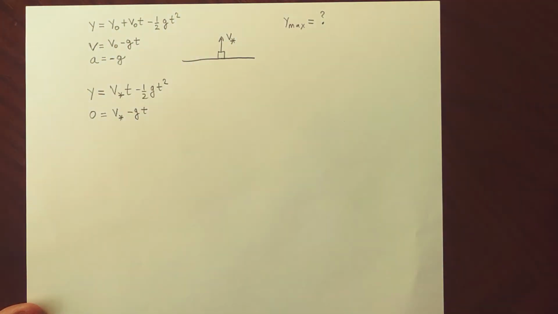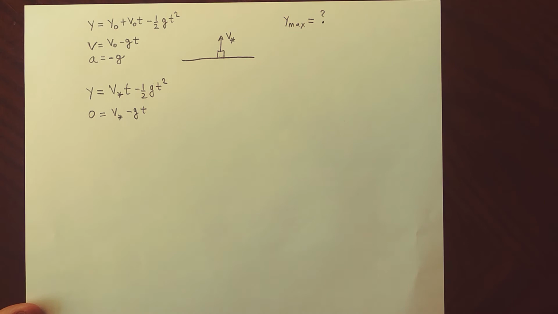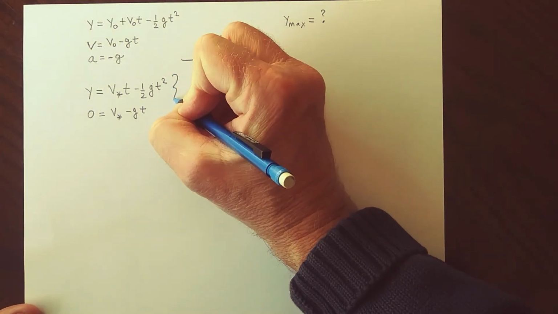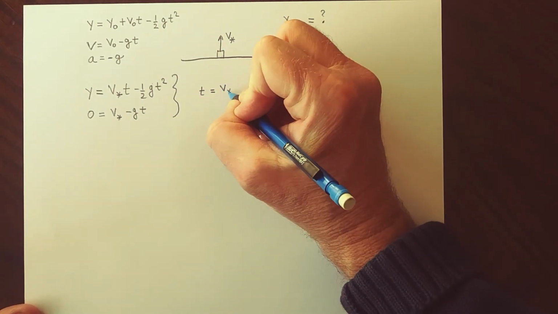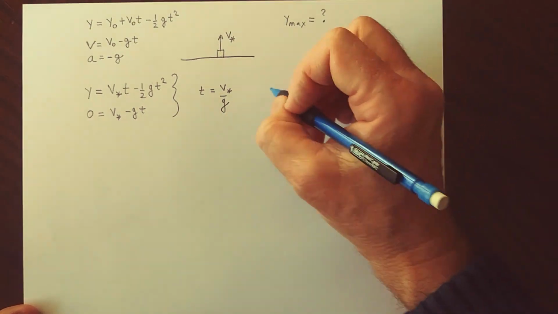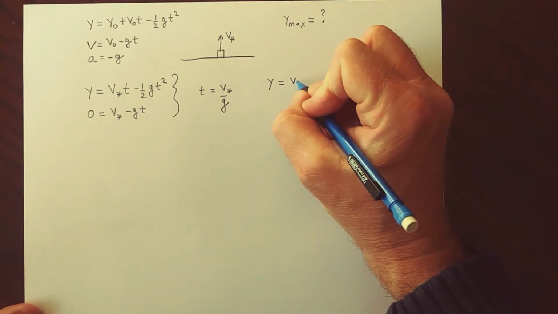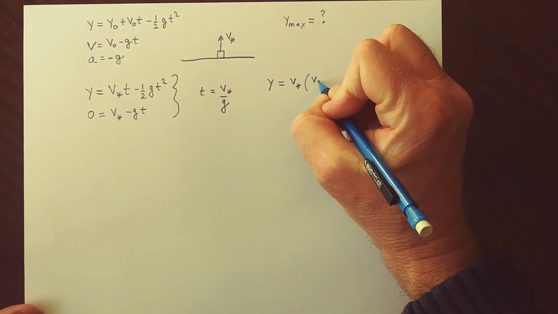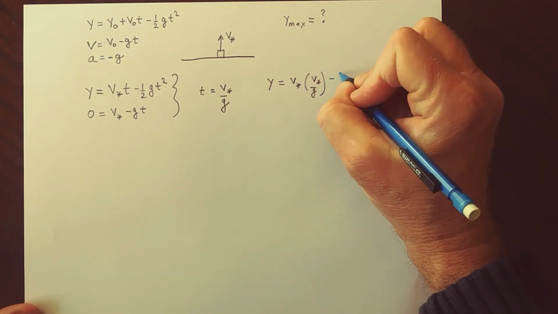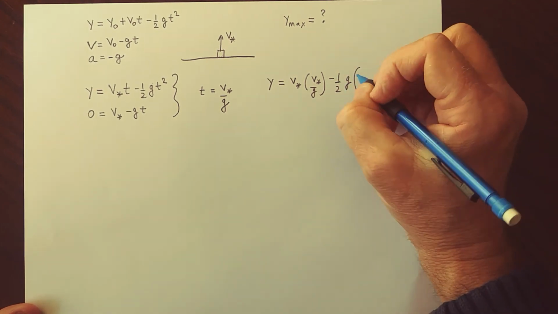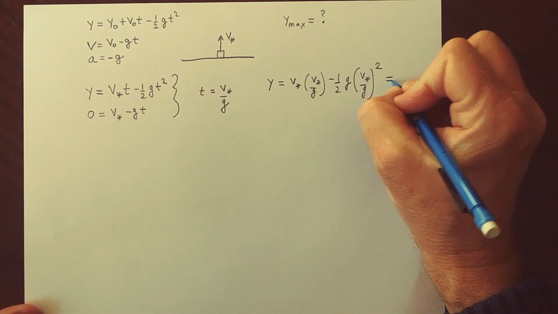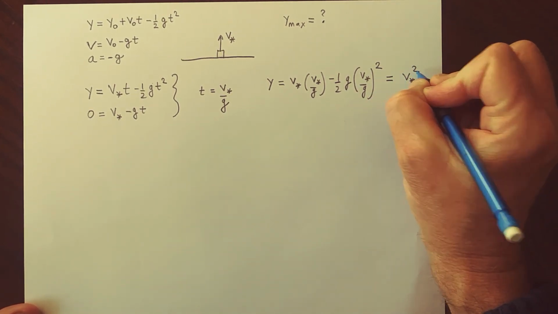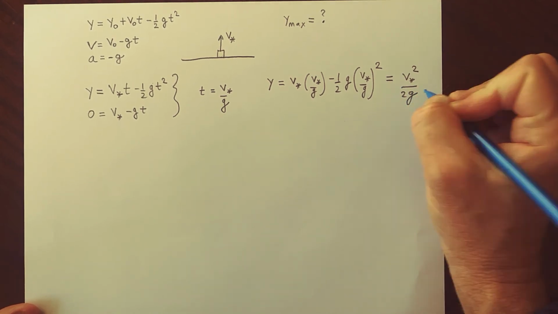So we need to think of the dynamics to be able to figure out all of the quantities in these kinematic equations. That set of equations gets solved in the same way that we solved it before, but in this case we get a time which is v star over g, and we plug that into y to get v star times v star over g minus 1/2 g times (v star over g) squared, and that will give us v star squared over 2g.